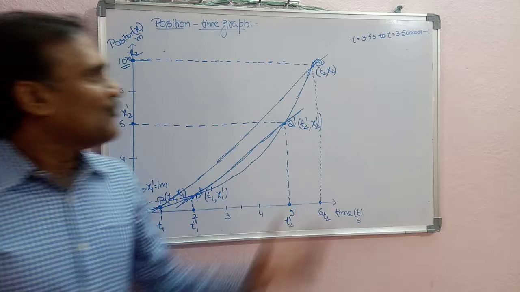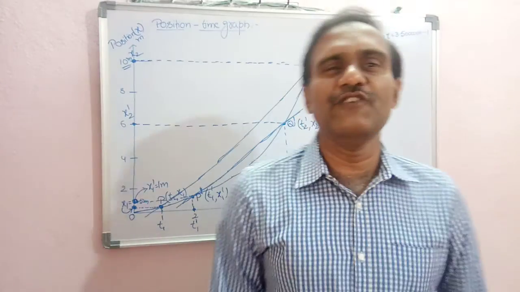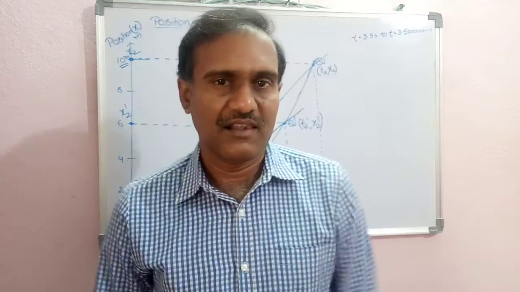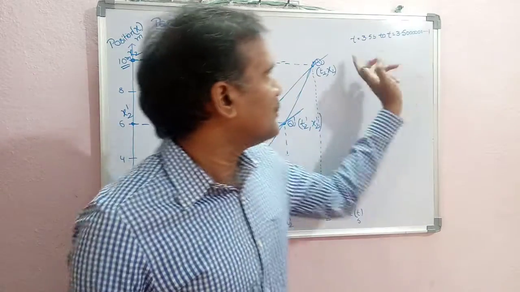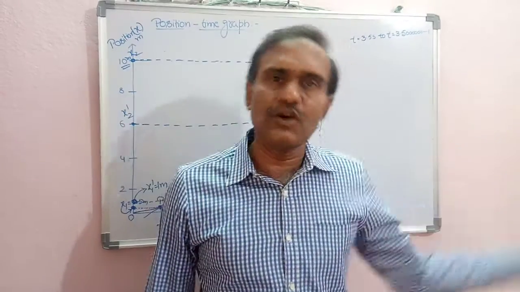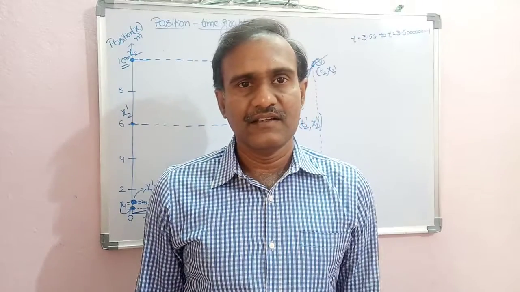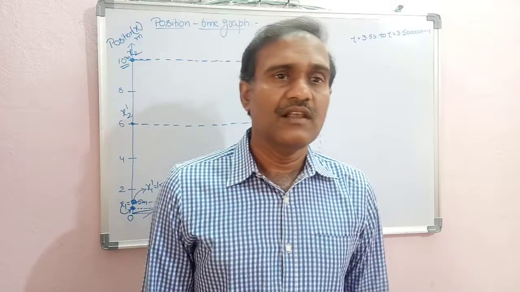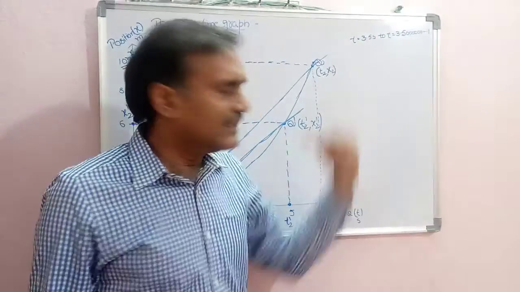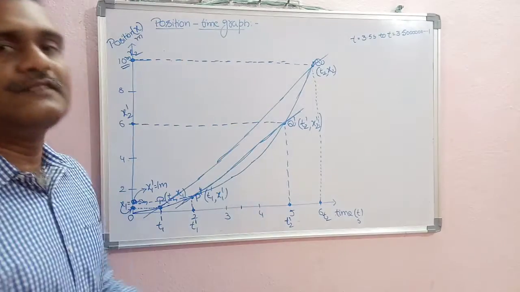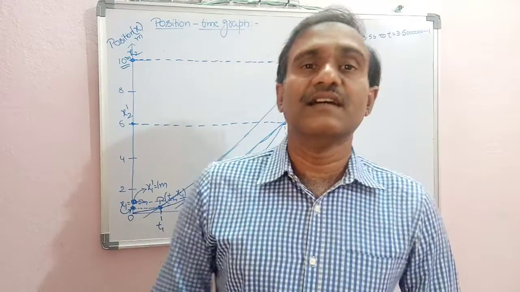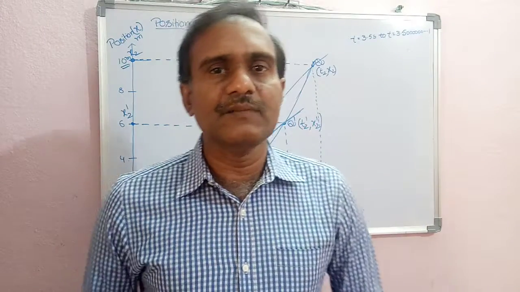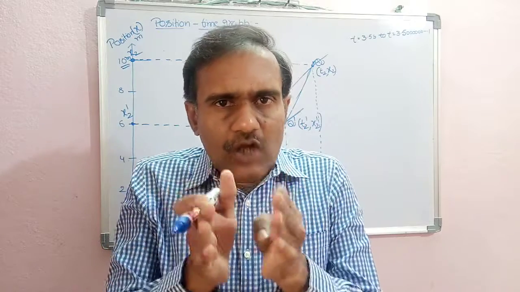That means what is the time interval? Very small, 0.0000001 second. Now when you observe that time interval, what is the displacement covered by the particle? Or what is the path length covered by that particle during that small time interval?